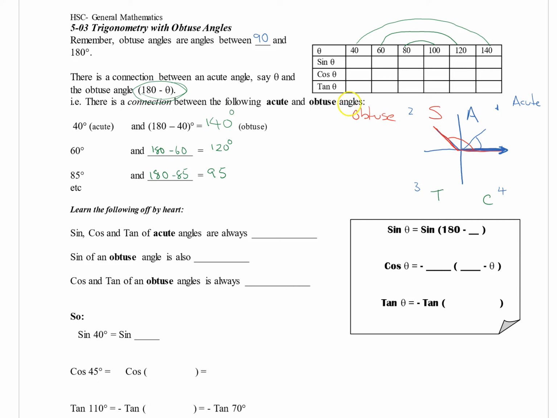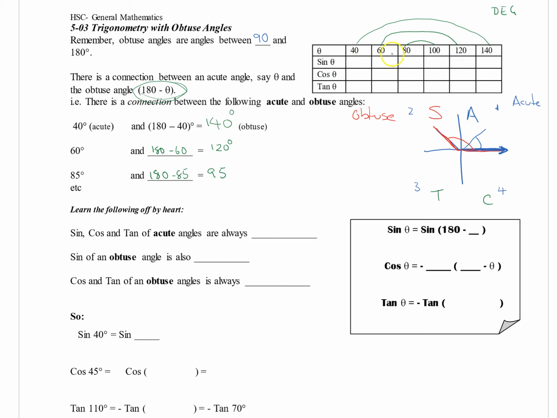So what I would like you to do now is to pause the video and fill out the table of values by using your calculator. Simply go to your calculator and ensure that your calculator is in degrees, D on the screen, and find the sine of 40 and the sine of 140.